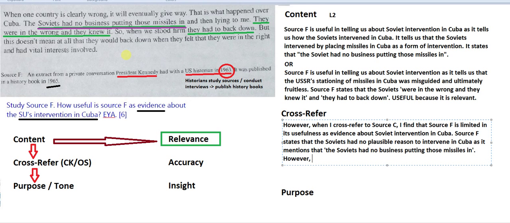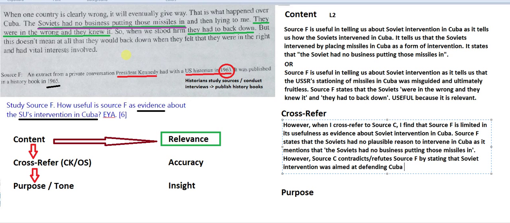However, source C contradicts, or basically refutes, source F by stating that Soviet intervention was aimed at defending Cuba. Then you cite evidence, which I'm not going to do, but you can find it over here.